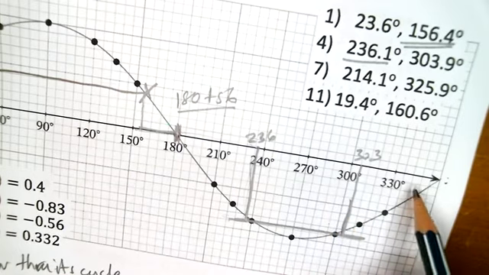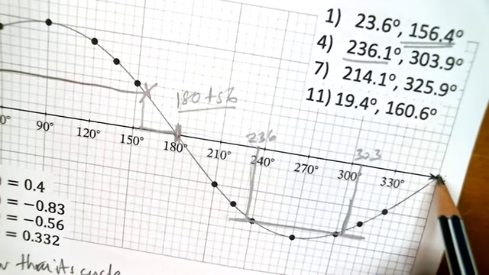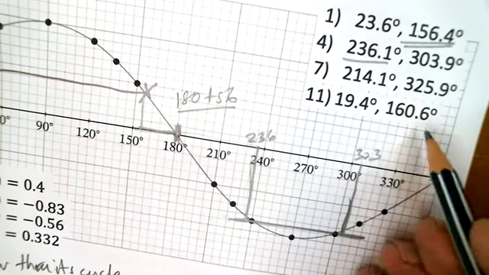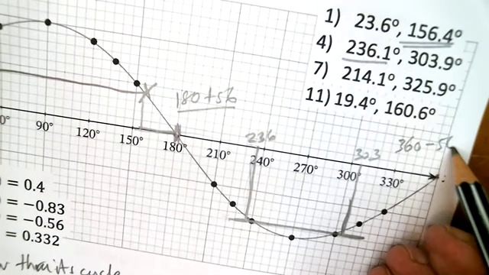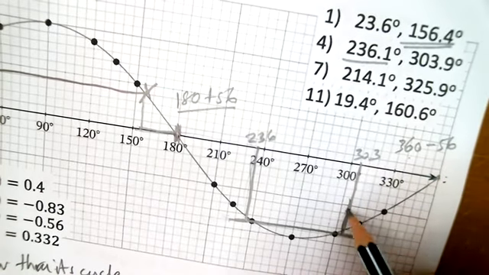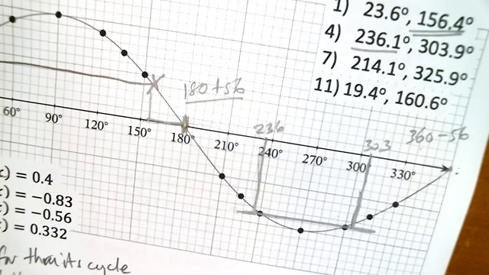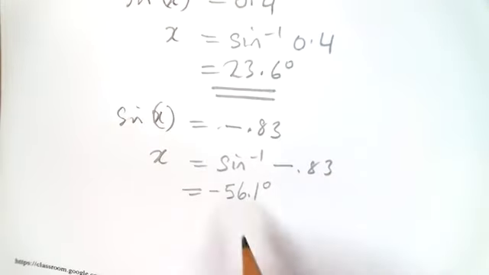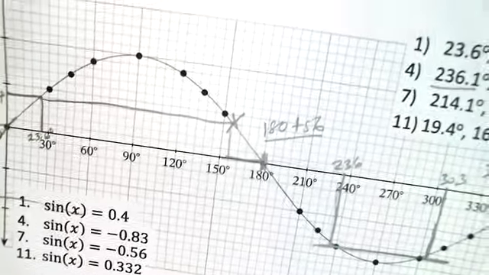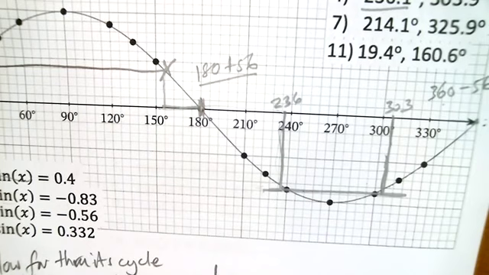Or if I was at 360 and I took the next nearest, it's 56 degrees back that way. So if I took 360 and took off that 56, I'd end up at about 303. By the way, it's 303 because this is not 56 but 56.1, so you have to take off the 56.1. So that is all that is saying. Hope that makes sense, folks.